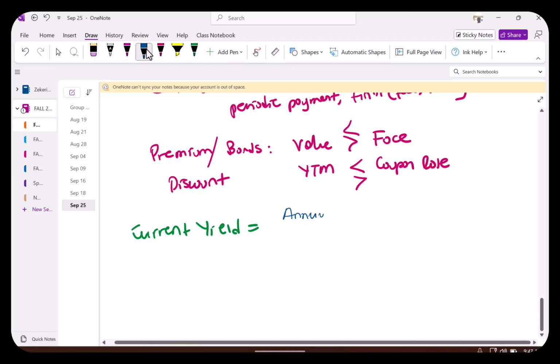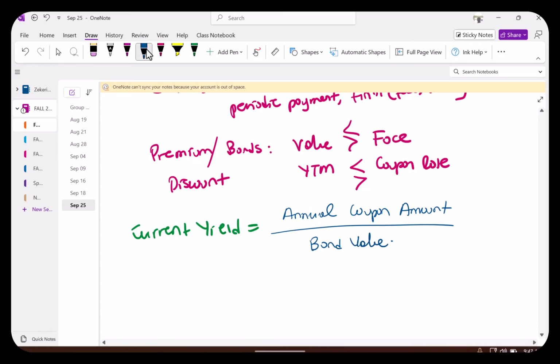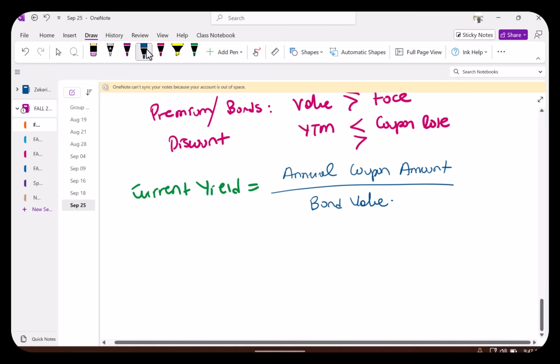That's annual coupon amount divided by the bond value. We haven't covered it yet, but when we cover stocks, we're going to calculate something called dividend yield. It's the expected dividend over the next 12 months divided by the value of the stock. So that's the only reason we would ever calculate that. It's not a true yield concept, but we could always say the following.